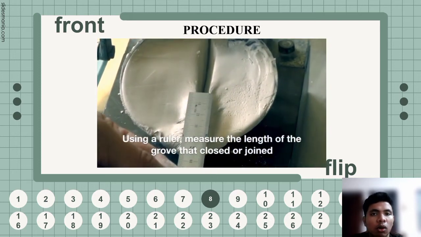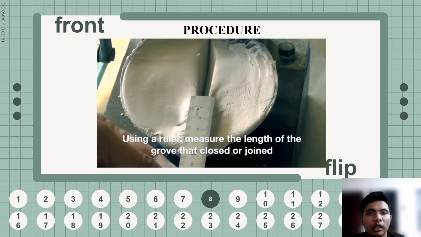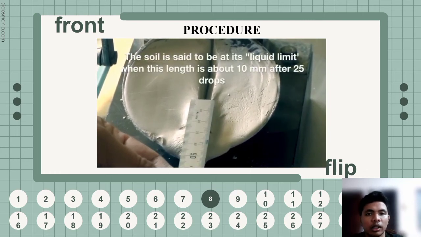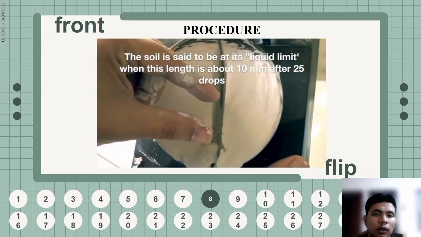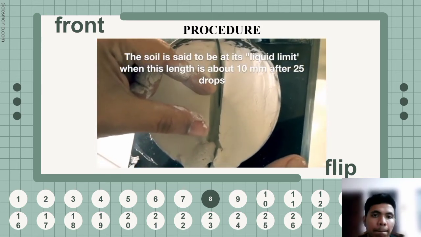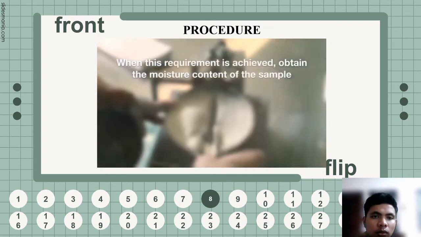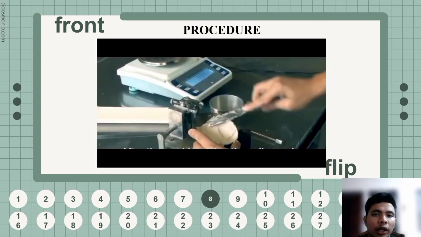Place a sample of the wet soil in the tin cup and obtain its weight before drying in the oven. Obtain the dry weight of the soil sample after 24 hours of drying in the oven.